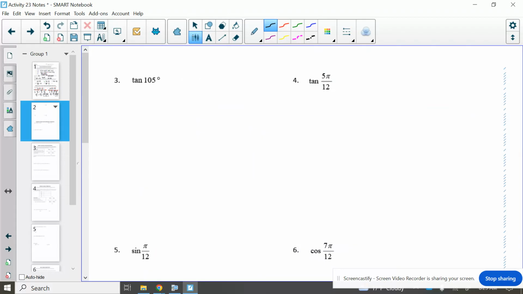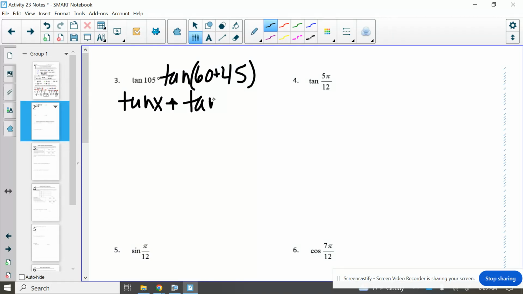All right, with our tangents, we are adding and subtracting these values. To get 105, I would take tangent of 60 plus 45. And remember with tangent, it's tan of x. In this case, if we're adding, that's going to be addition. And then opposite sign down here times each other.